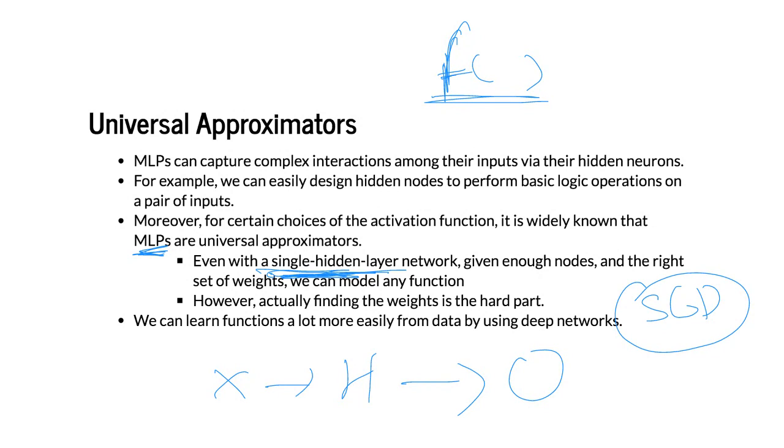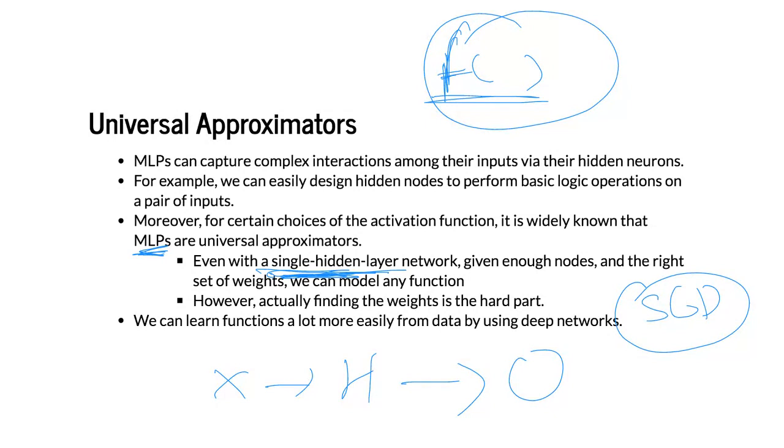It's very difficult to define an algorithm to find the weights of a single layer MLP to approximate any function. So although this sounds very nice from a theoretical perspective, it's not very practical because I don't have a way to find these optimal weights.